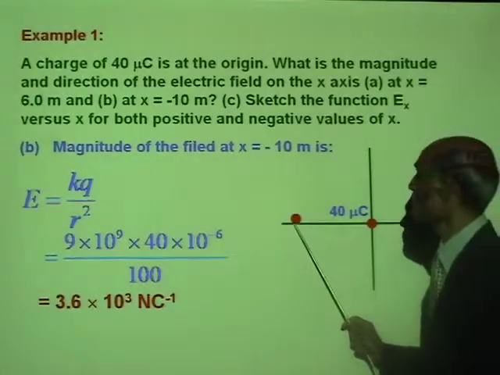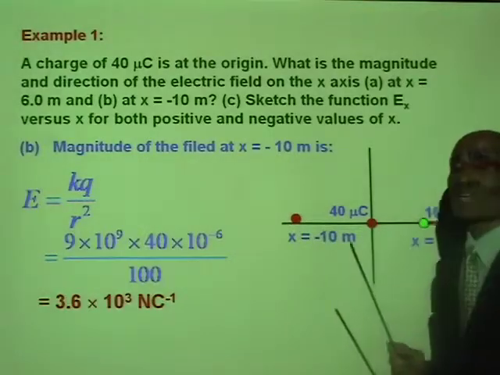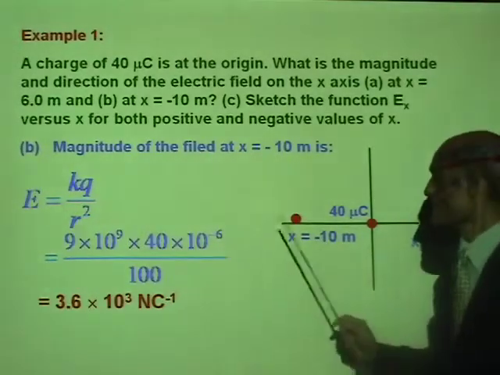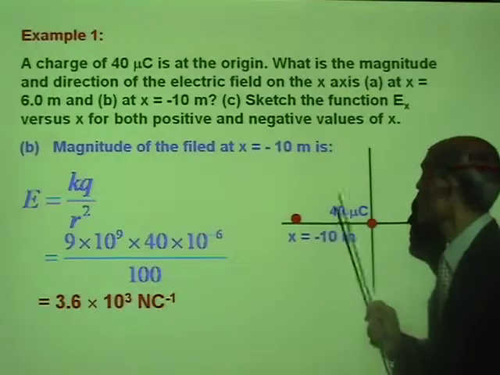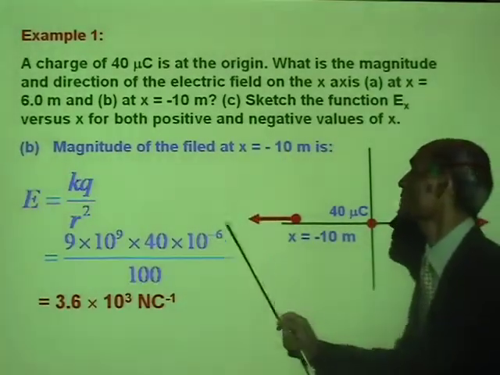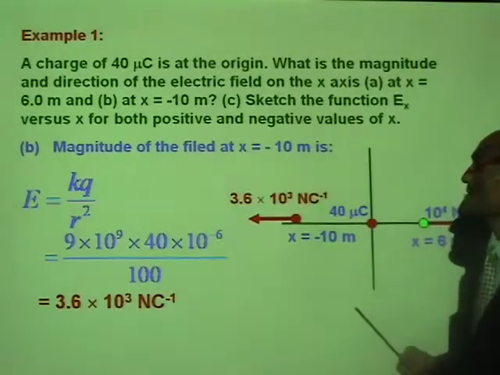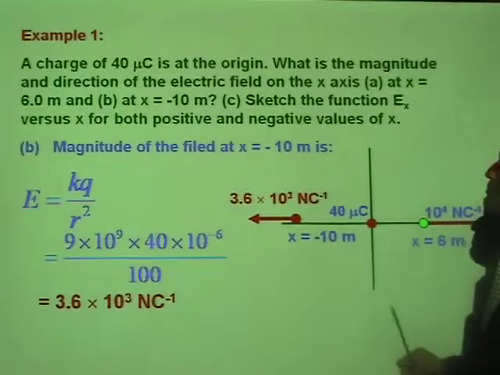Now, if this is x equal to negative 10, then what will be the direction of that field? The direction of the field at this point will be directed away from the charge, which is 3.6 times 10 to the 3 Newton per coulomb.